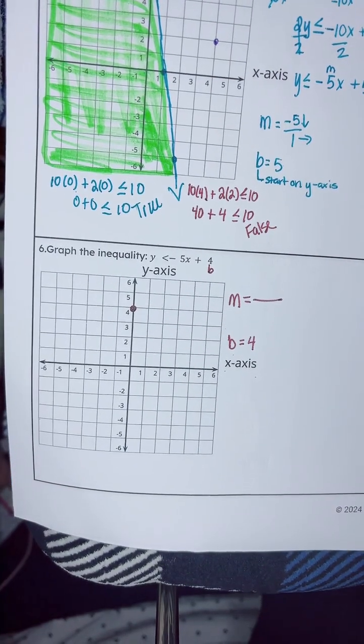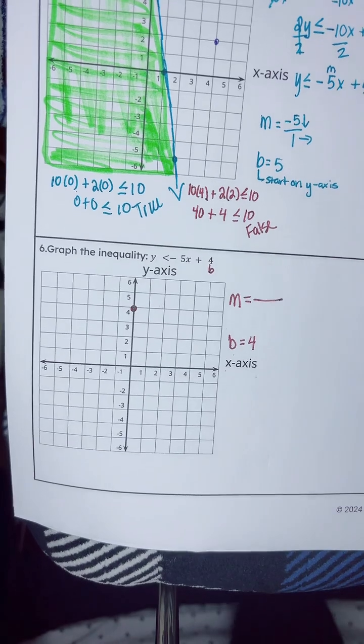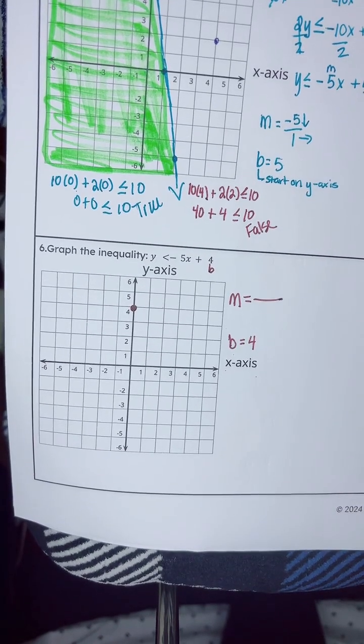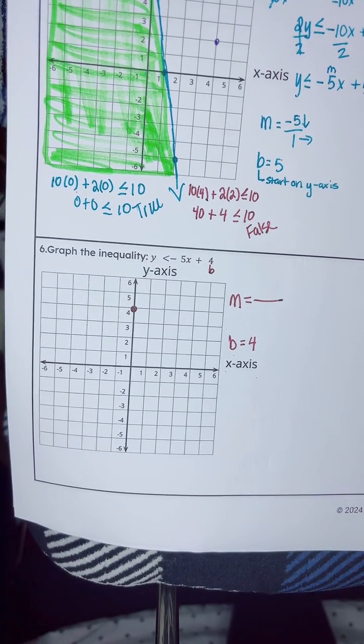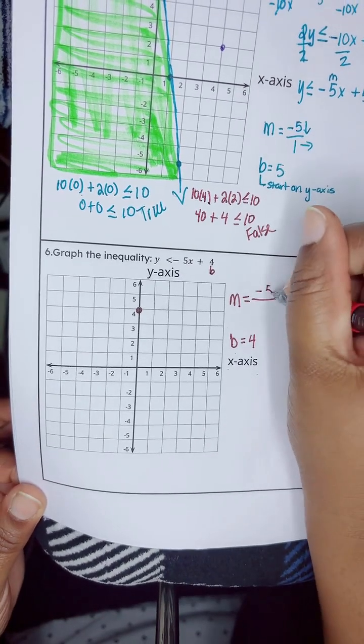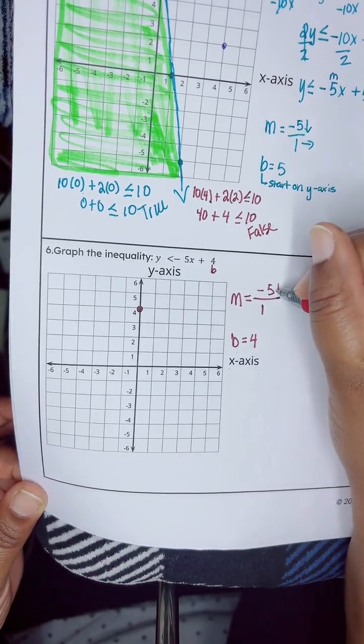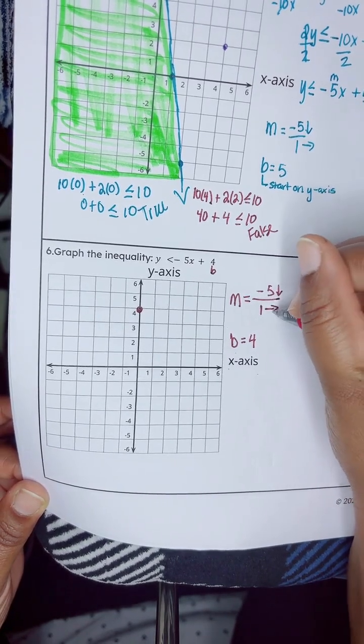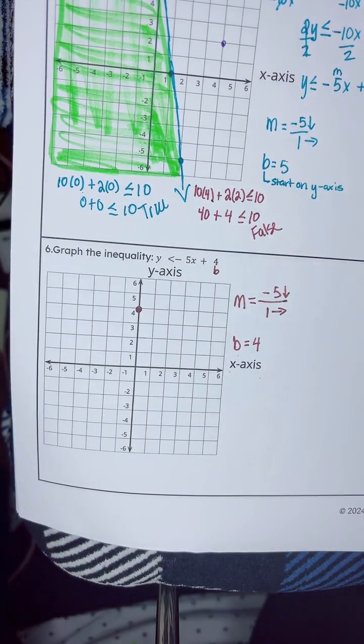Now, what does my slope tell me I have to do? What is the slope? Yes, negative 5 over 1. Beautiful. Don't forget that negative on it. So negative 5 over 1, and we go down 5 to the right 1. Perfect.